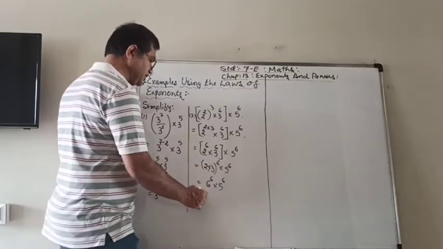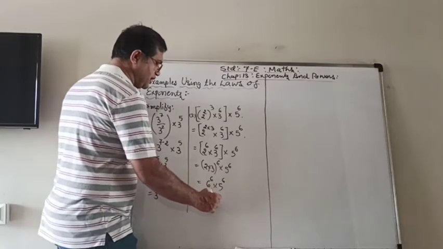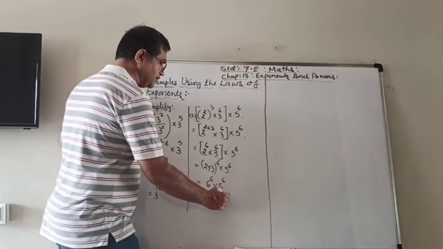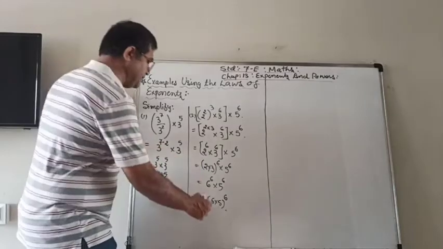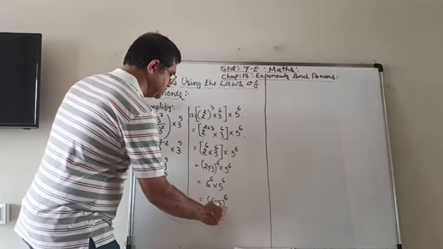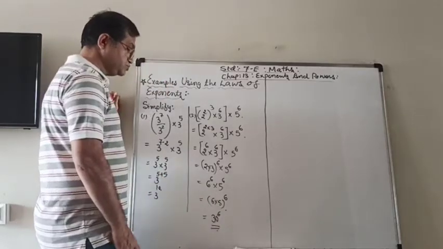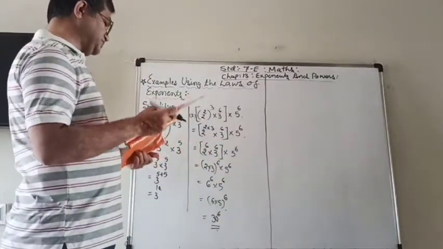Here also you can see that bases are different but powers are equal. So again we apply the same rule: 6 multiplied by 5 whole raised to power 6. So the simplification is 6 fives are 30, 30 raised to power 6. Let's do another example.